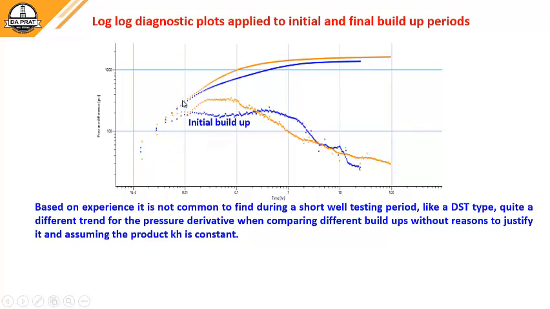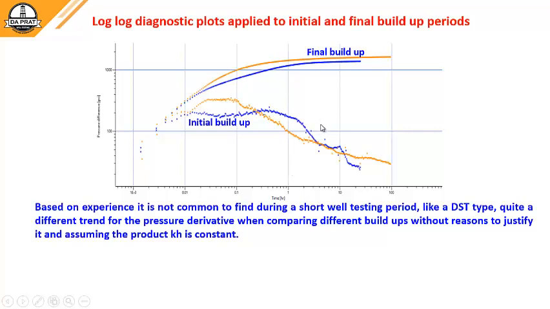We're assuming that after the unit slope, which is due to pure wellbore storage, there is a transition, and eventually we're going to reach radial flow. But we'll comment on that. Also, you can see here in the comparison that, unless there is a good reason, you should expect a similar trend.